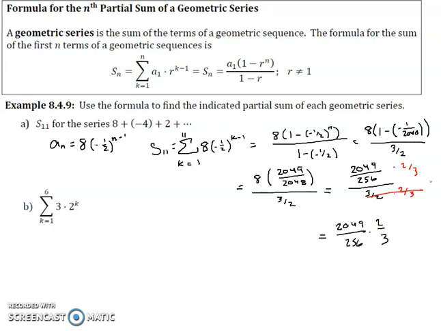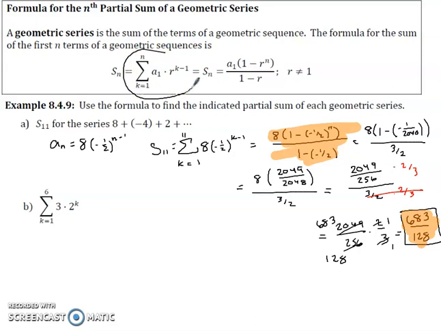I can reduce my 256 to 128, and 2049 divides by 3 to give me 683. So when I reduce, I have 683 over 128. So the sum of those first 11 terms in my series is 683 over 128. All I did is I used my formula, and then from there I simplified that ugly fraction down as far as I could. Now in B, it looks very similar to what our formula tells us to do directly.